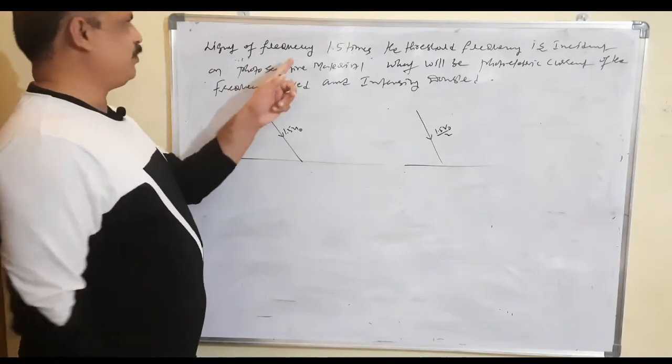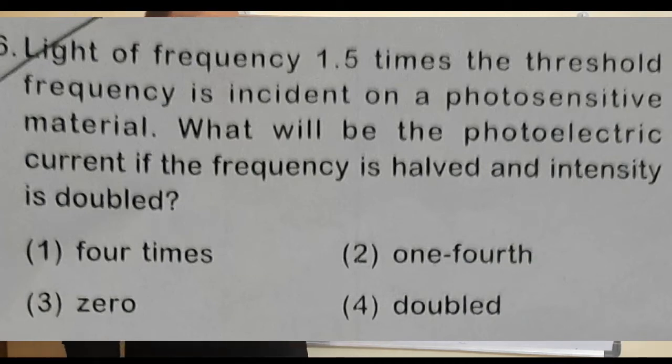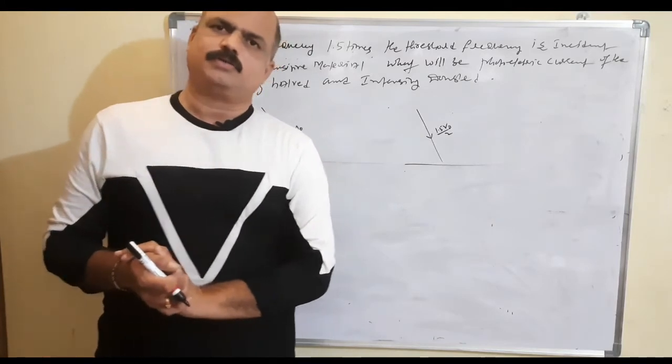Here light of frequency 1.5 times the threshold frequency is incident on a photosensitive material. What will be the photoelectric current if the frequency is halved and intensity doubled? So what is meant by the photoelectric effect?